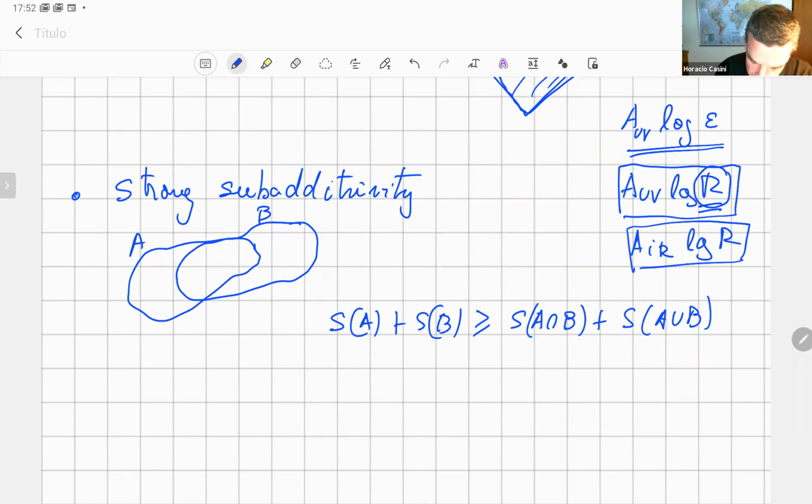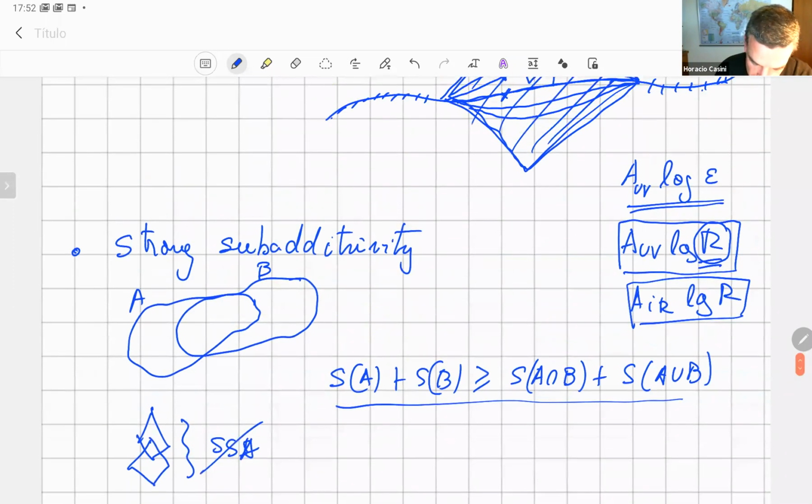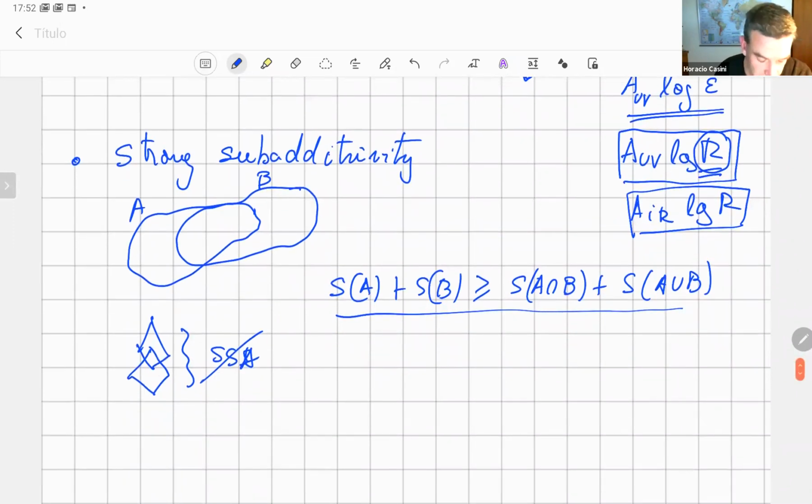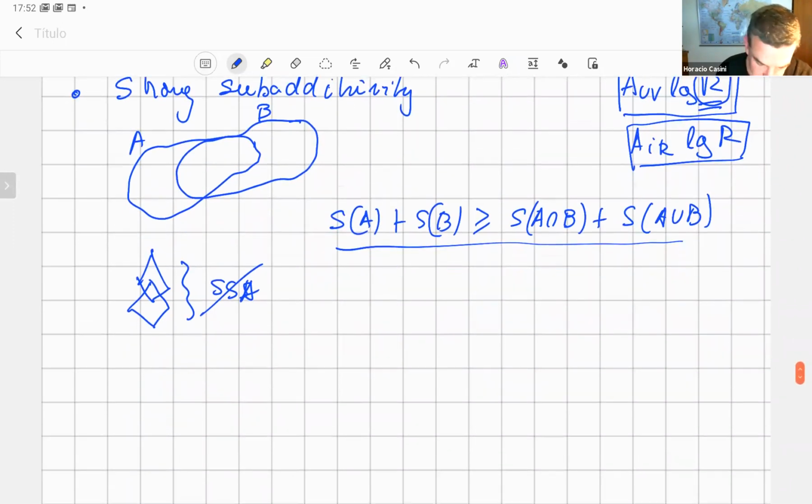It's important that you have to apply this only when these regions live in the same Cauchy surface. You cannot take two diamonds and apply strong subadditivity. Doesn't hold. So they have to live in a spatial Cauchy surface.